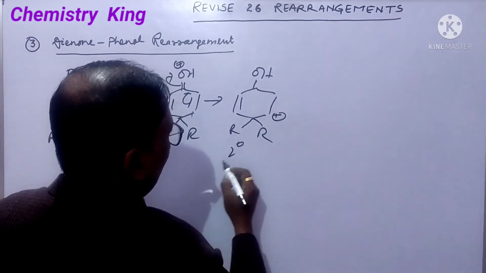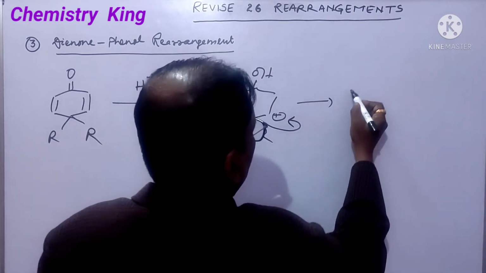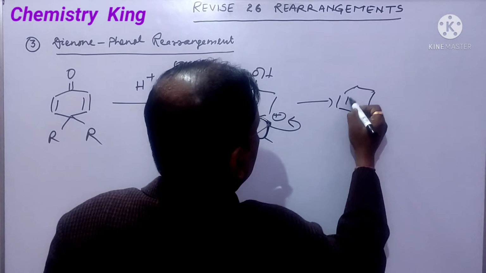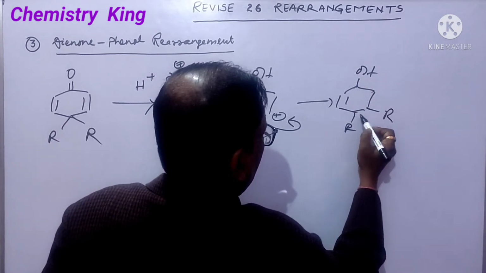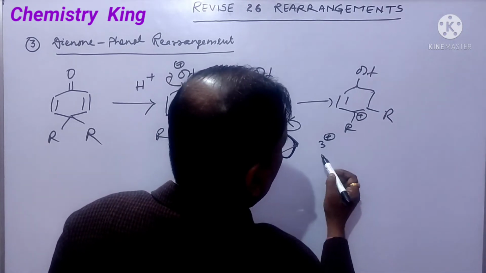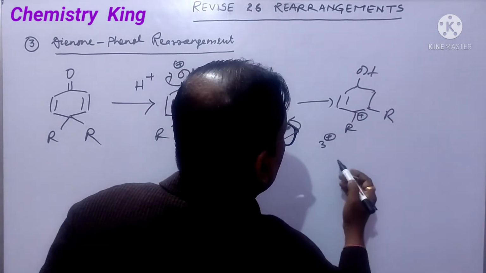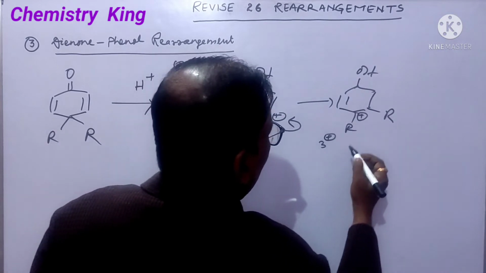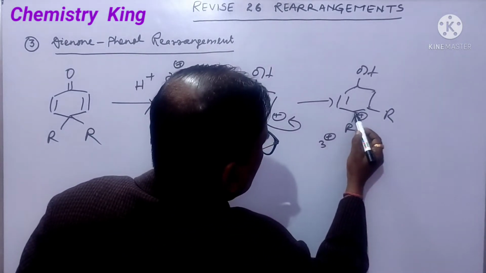It is a 2 degree carbocation, and now it rearranges in this fashion. You will get OH, R is here. It is a 3 degree carbocation. Now what will happen? Hydrogen is here, suppose.